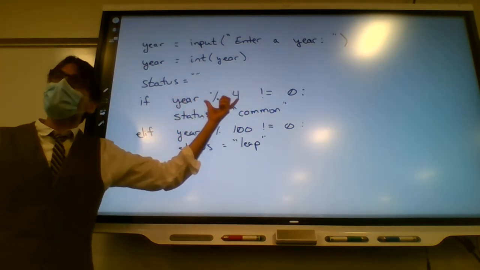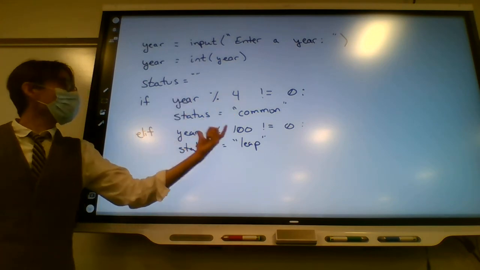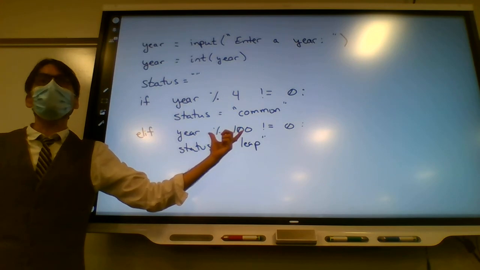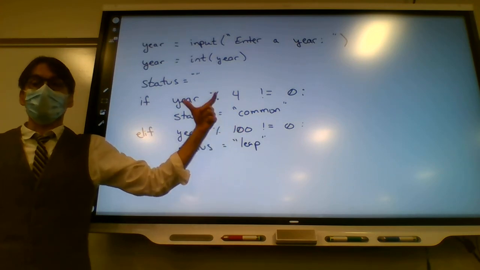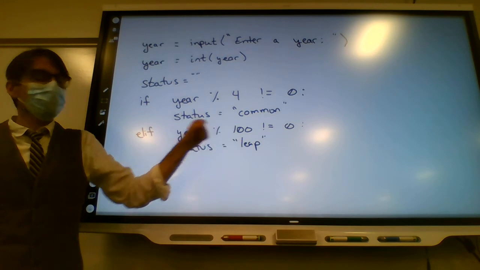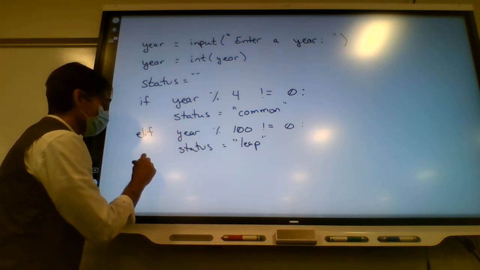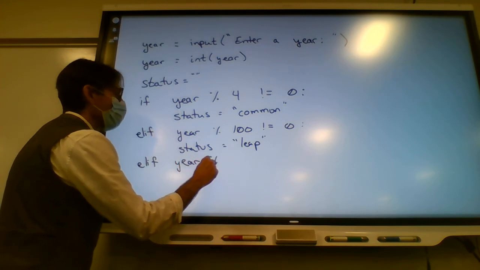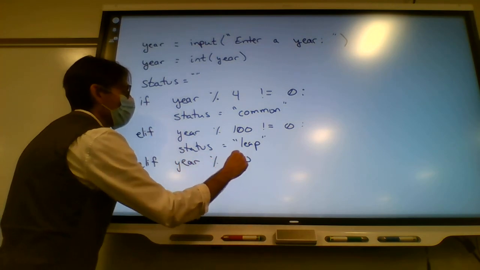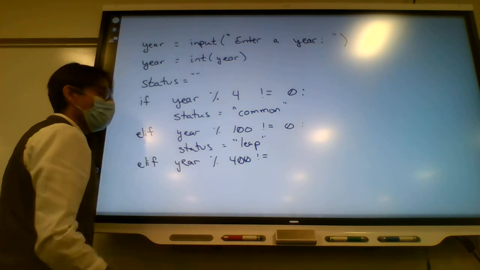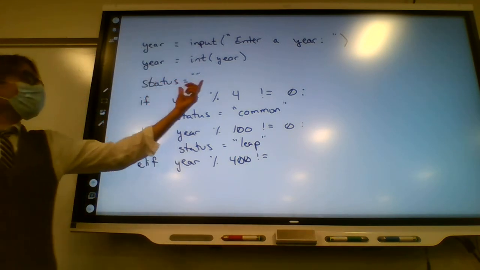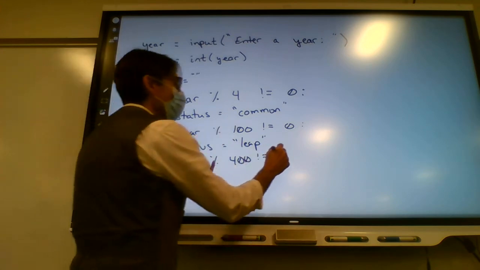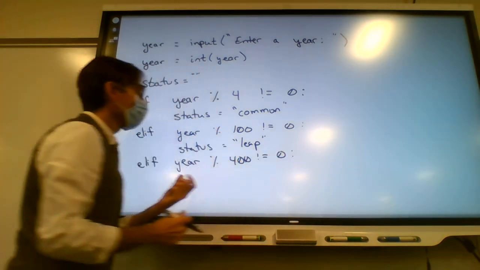So we have a number that is divisible by 4. Then what? We're skipping this condition, so it is divisible by 100. What's the next situation? What if it is divisible by 4 and is divisible by 100, but then is not divisible by 400?